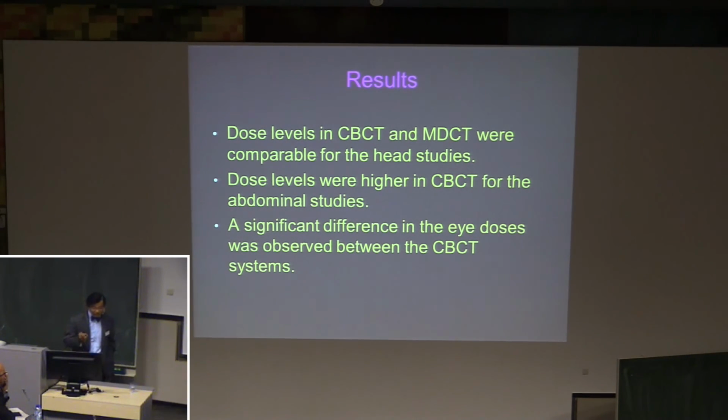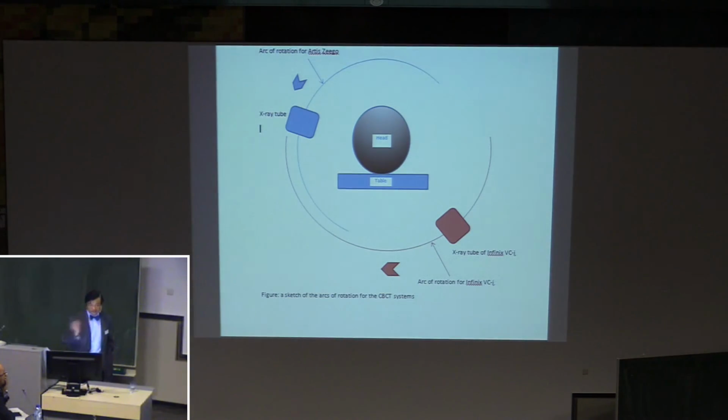We also found, interestingly, a significant difference in the eye doses between the two Conebeam CT systems. And this is something that we need to know as end users, that this can be dependent on the different arc of rotation that different systems employ during Conebeam CT.